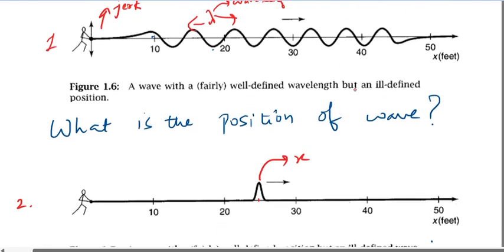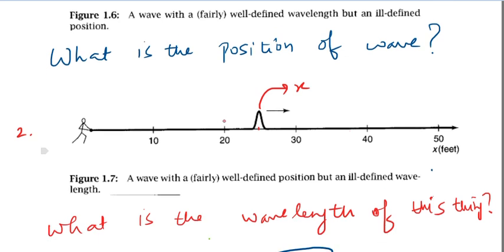Let's go to another scenario. Let's say you generate a different pattern. This time, instead of a full wave, we just generate one bump, and then it travels. When it travels, you capture a screenshot with the camera at some point, and then you ask, what is the position? Very easy to answer.